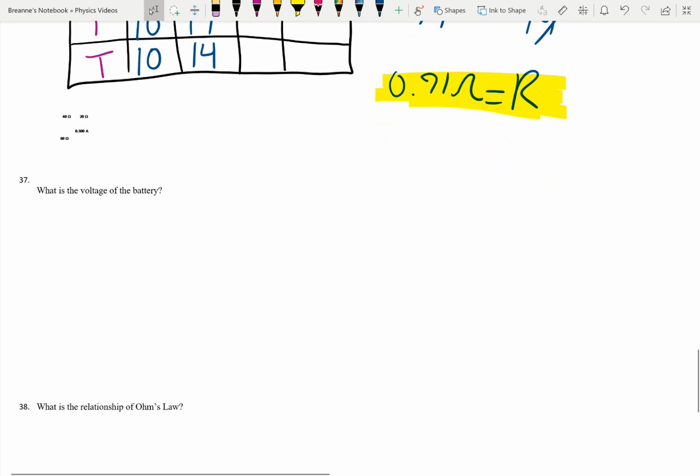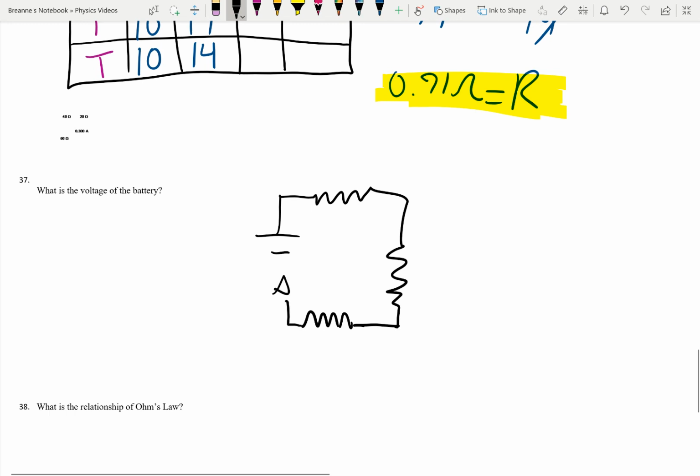What is the voltage of the battery? Again, the picture didn't turn out. So let's try here. So we have a battery with 3 resistors, and then it did have an amp meter.